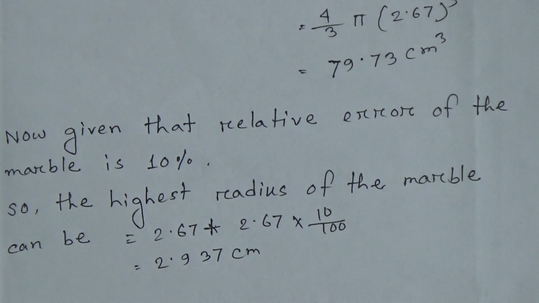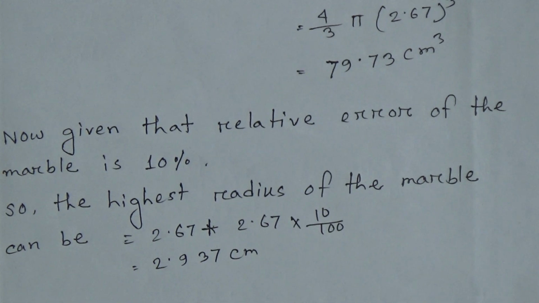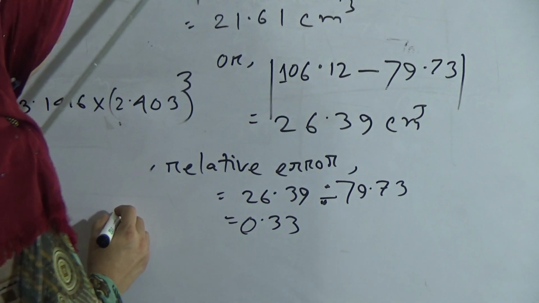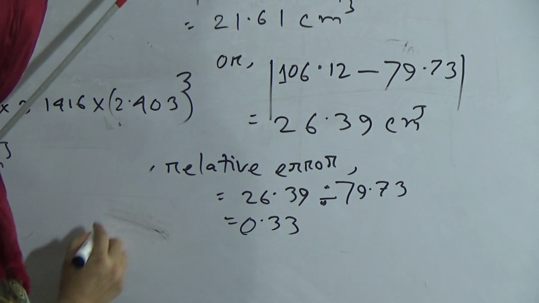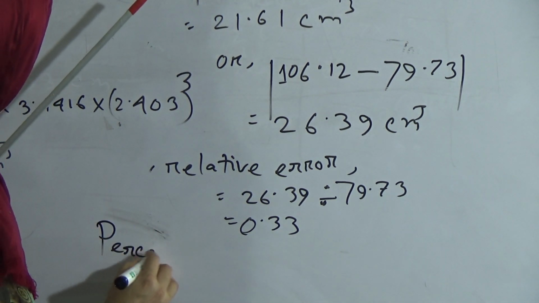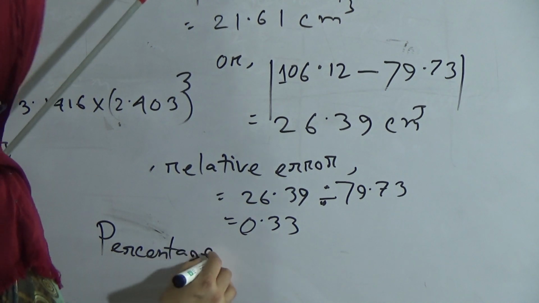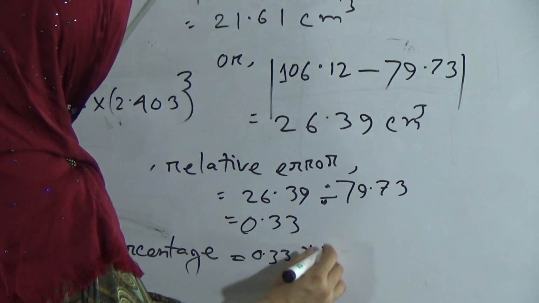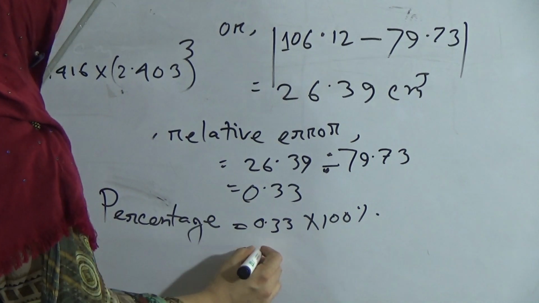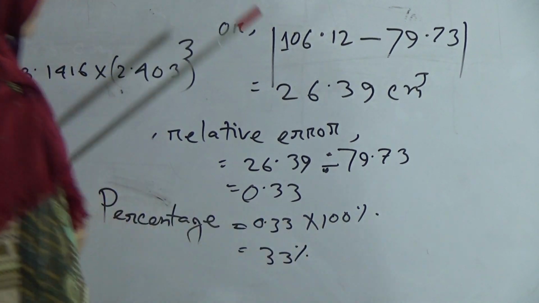So it will be 26.39 divided by 79.73, and it will be 0.33. So we have to find out the percentage. The percentage of the error is 0.33 into 100%. So it will be 33%.